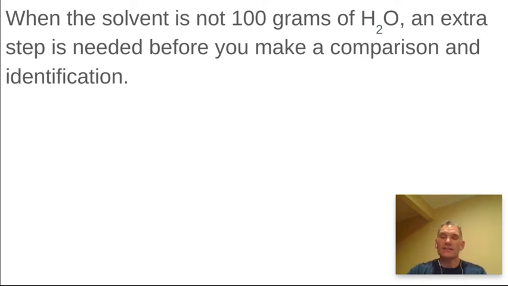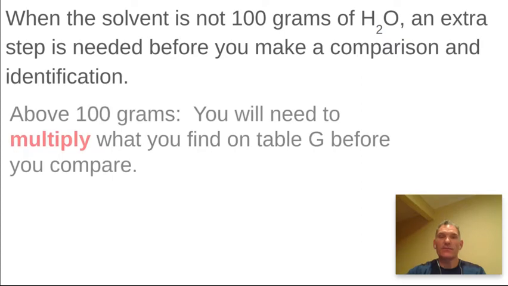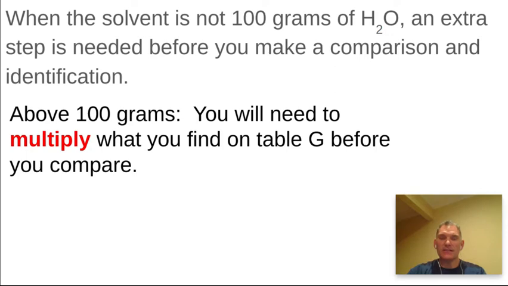Now, luckily for us, the amounts of water are always going to be in increments of 100 as we go above. So if I'm above 100 grams of water as my solvent, what we're going to need to do, as we talked about in class, is you're going to need to multiply what you find on Table G before you make any comparison.